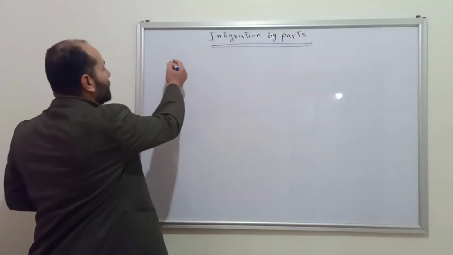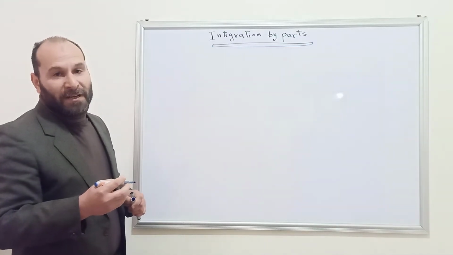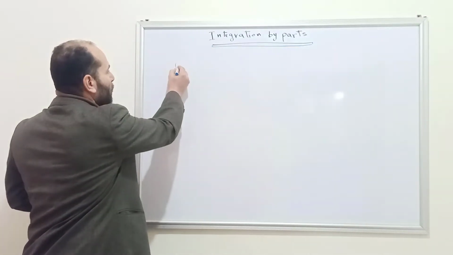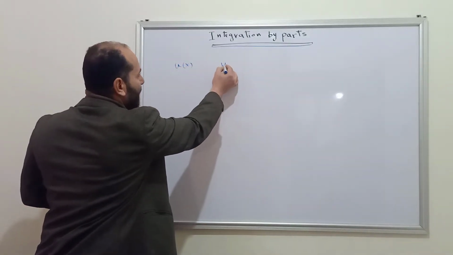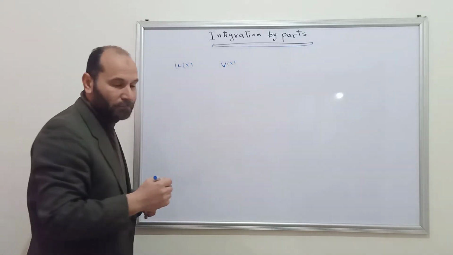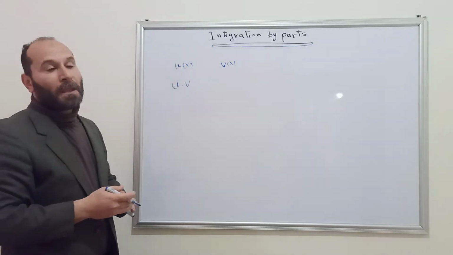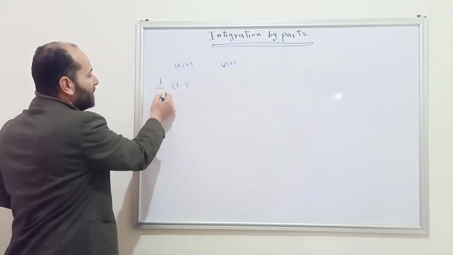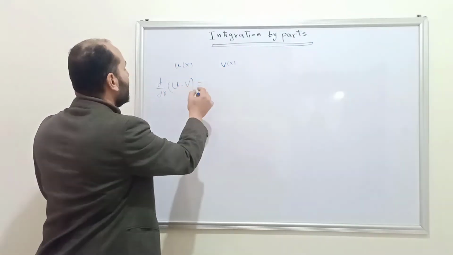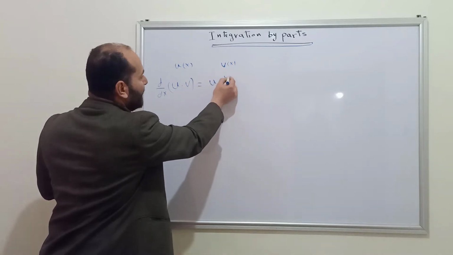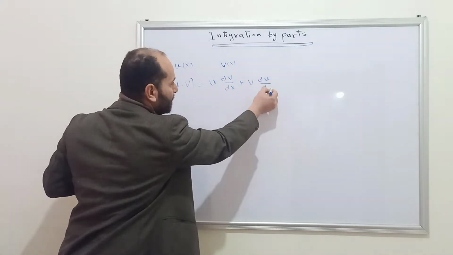If we have a product of two functions in the variable x, u and v, u a function of x and v another function of x, and we find the first derivative of this product, as we know, it is equal to u dv by dx plus v du by dx.